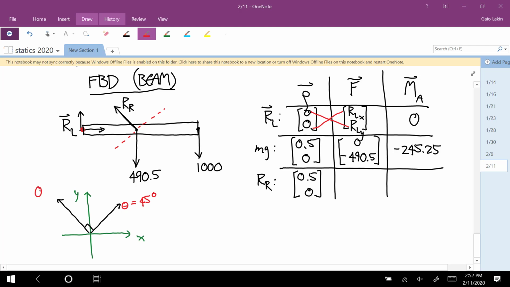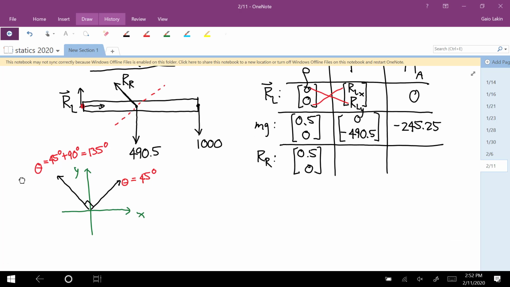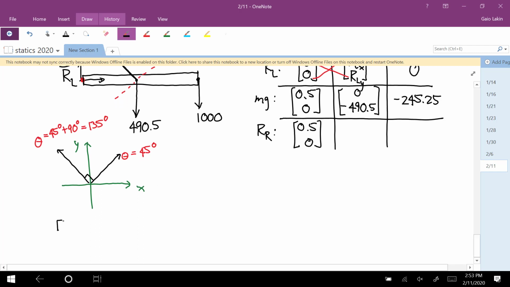And so theta for this is 45 plus 90, so 135. So this vector is going to have a magnitude of RR, so it's going to be RR times cosine and sine of 135.